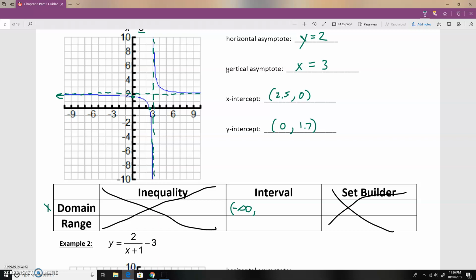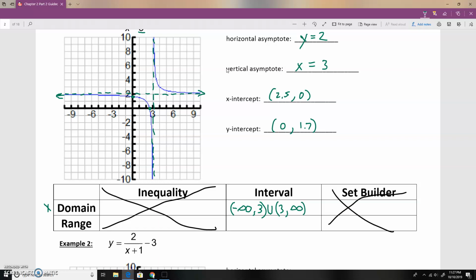Now remember this asymptote, it never hits, so we actually skip over that value of 3. So it's going to approach the value of 3. And then we signify a union, and we start over at 3 again, signifying that it skips that value of 3. And then notice over on this side, the x values keep going this way to positive infinity.